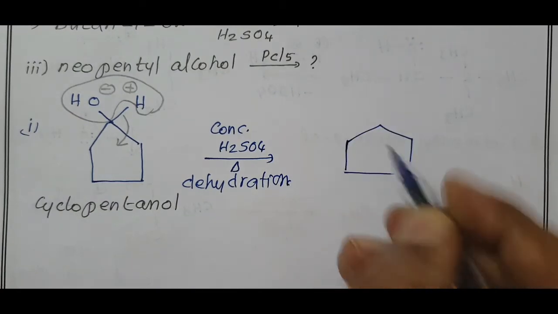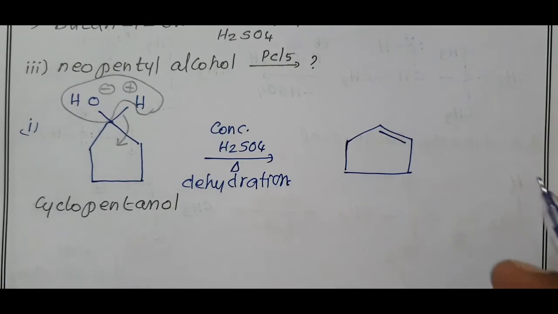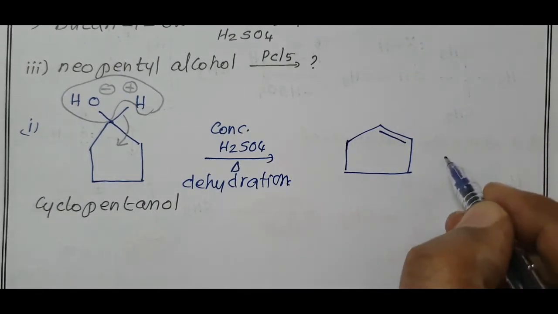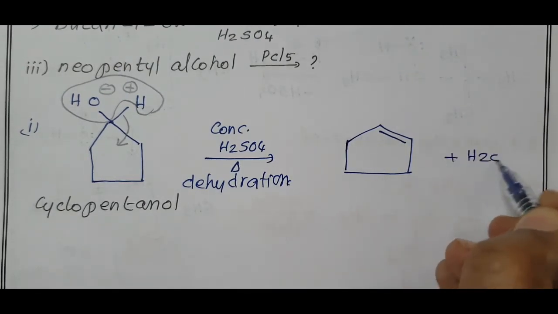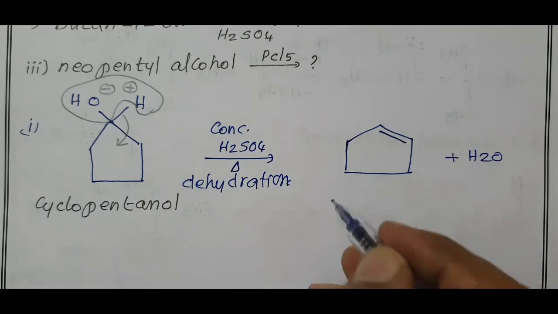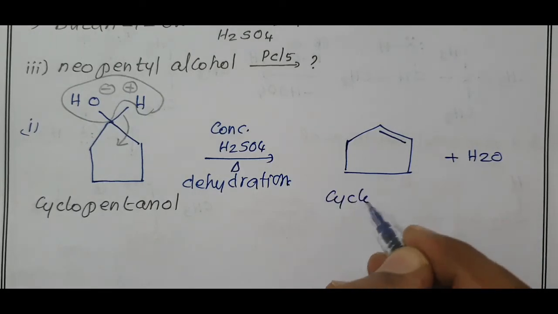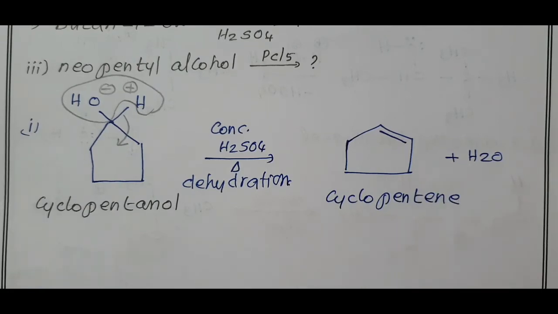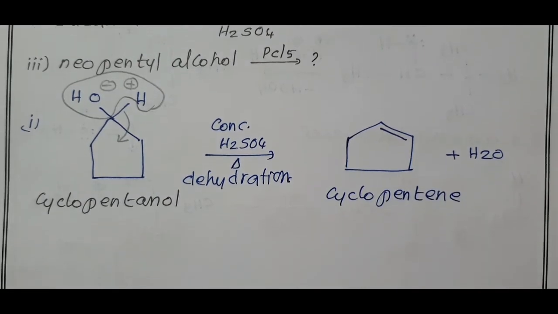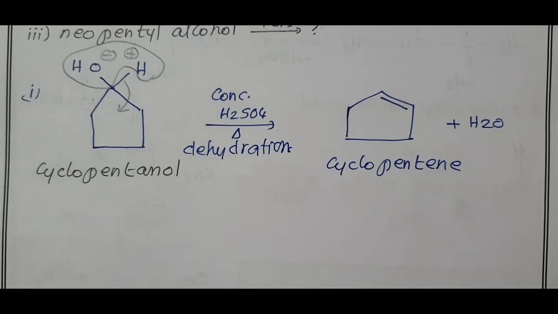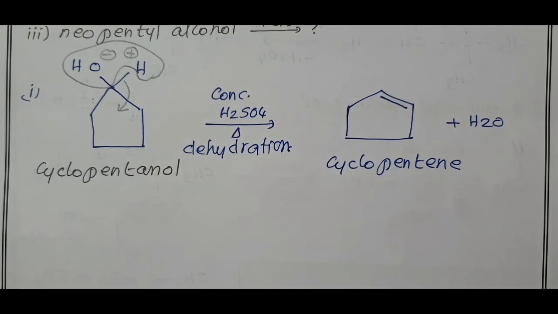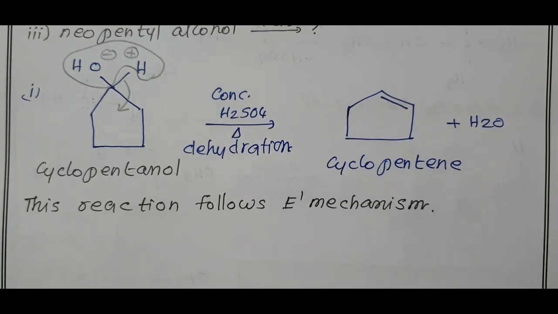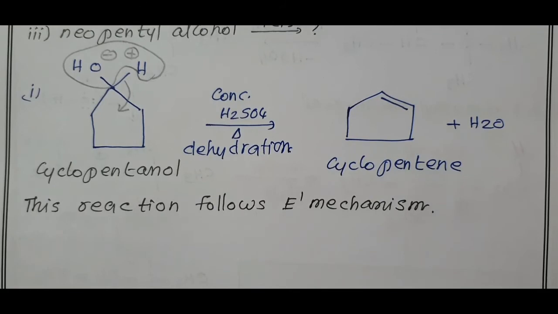Cyclopentanol loses one water molecule, H plus and OH minus removed as H2O, gives the product. This is nothing but cyclopentene. This reaction is an elimination reaction and it is a secondary alcohol, CHOH, therefore it follows the E1 mechanism.